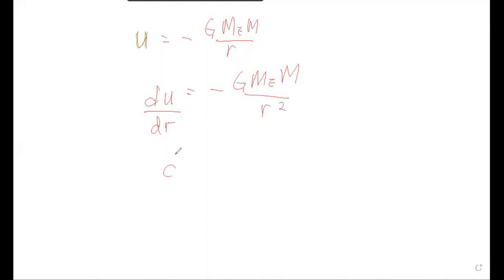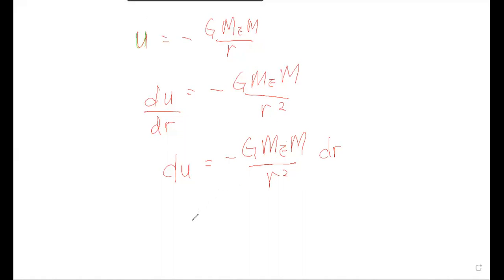So from here, dU will be equal to negative G M_E m over R squared times dR. U is like that, so dU over dR has been divided by R.